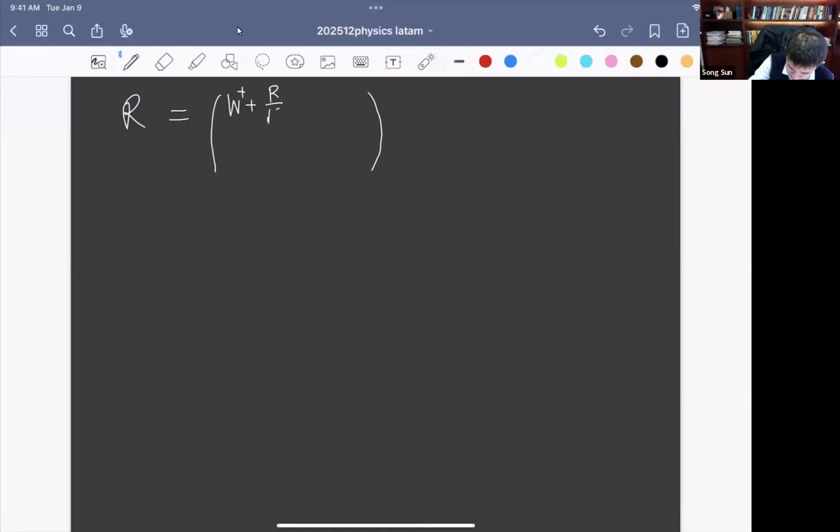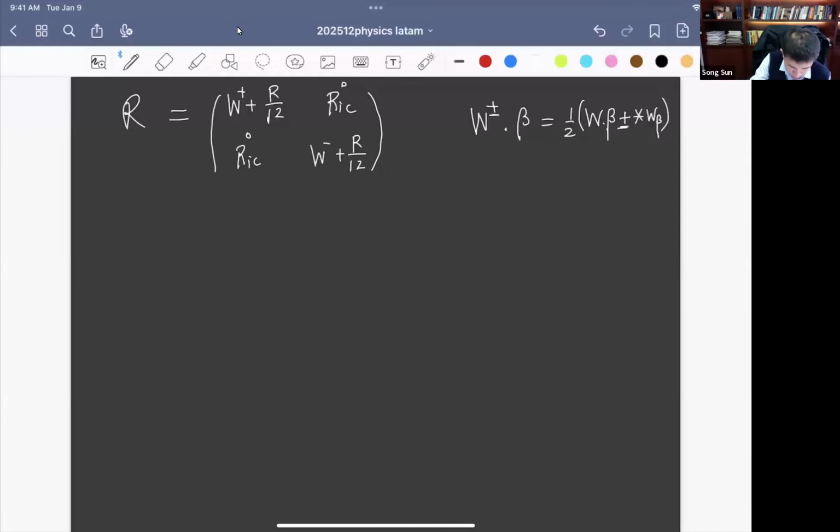R over 12, the traceless Ricci, it's symmetric. So W⁺ and W⁻ are the self-dual and anti-self-dual parts of the Weyl curvature, defined as follows. You just take W acting on β, and then you take the self-dual part. And for W⁻, you just take the anti-self-dual part.